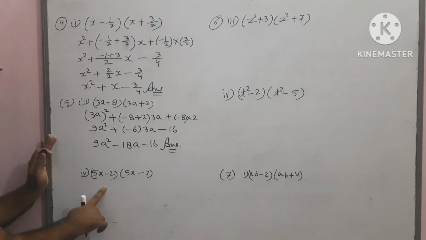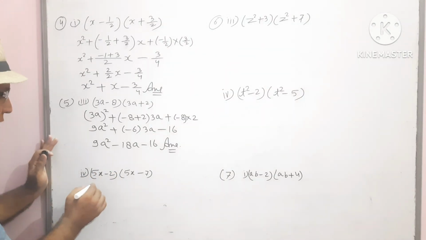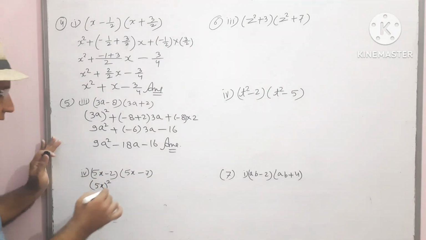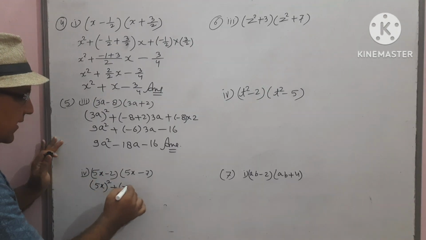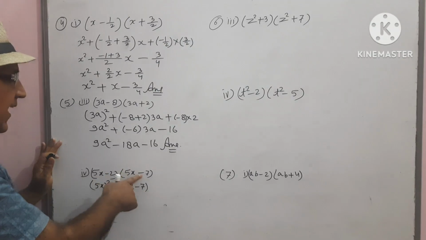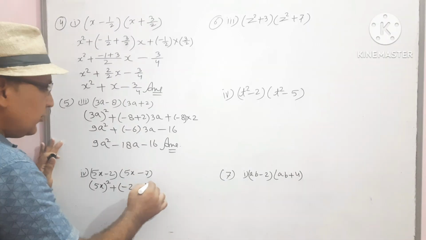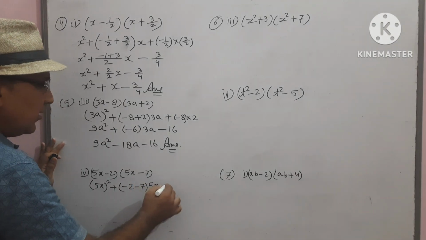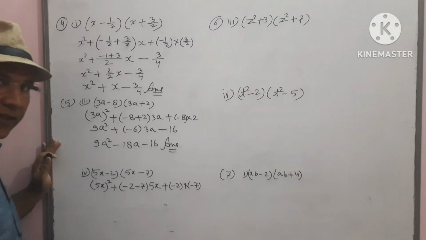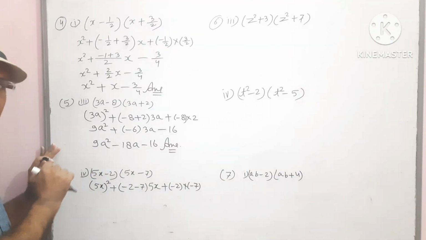Okay, now see the second one. Here also 5x minus 2, 5x minus 7. So first term is similar. So 5x square plus in the second bracket minus 2 minus 7, because minus 2 is added with minus 7, then we can write in this way. Into 5x plus minus 2 into minus 7. Your first step will be always putting the value on identity.